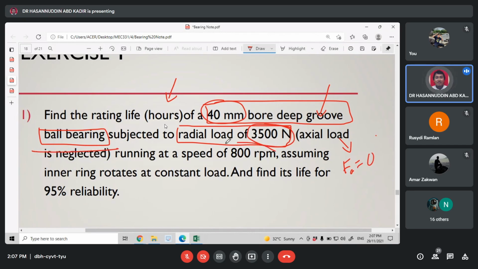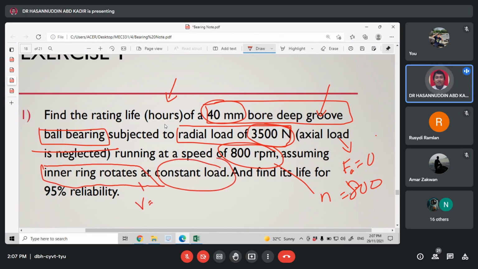They also give you the value of N here, 800 RPM. They also mention that the inner ring rotates, so this determines the value of V. And then this constant load, the value of Ks. How much is this one? You can refer to your table.